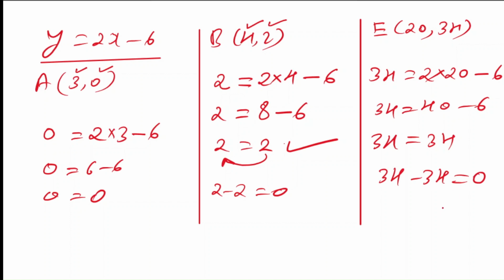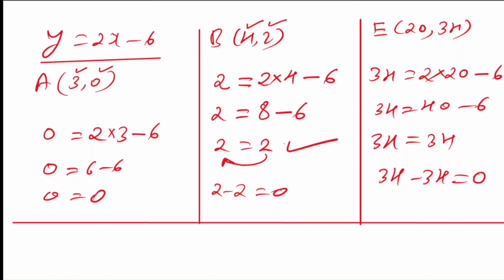If it does not give you 0, or if both of these sides are not equal, then that point is not lying on this line. See, we can try this one. Suppose 8 and 12. Okay, we take 8 and 12.